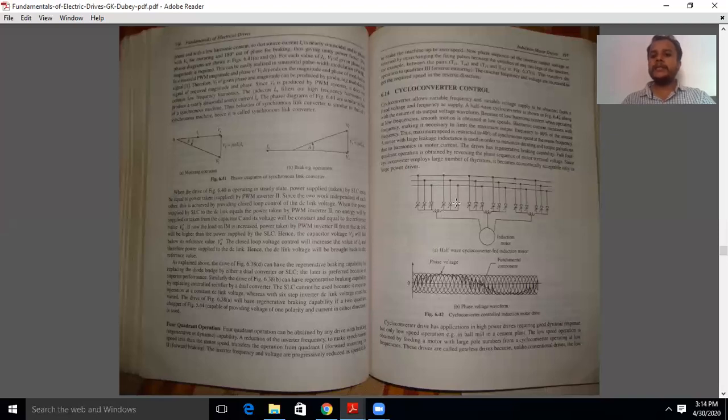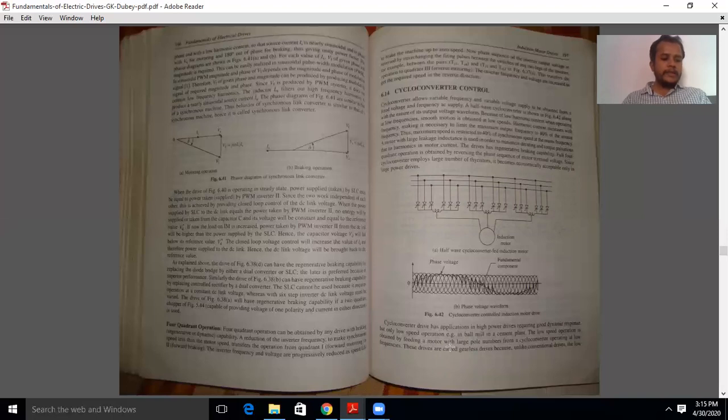Just by changing the switching operation or the firing angle, we can get different outputs. This cycloconverter has some advantages. It is V and F controlled, so we can control the voltage as well as frequency.